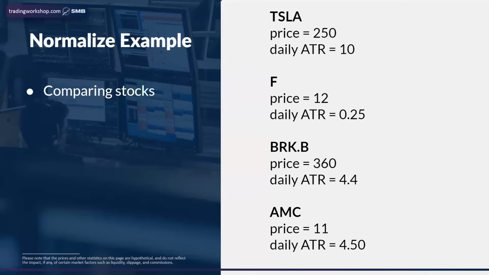In fact, AMC is a little bit higher. This means that on average, they move about the same from high to low each day. This is something that really only ATR can tell us. We can see that a stock can be higher priced and not necessarily have a larger ATR, and a stock can make higher percentage moves on average and still not necessarily have a larger ATR.